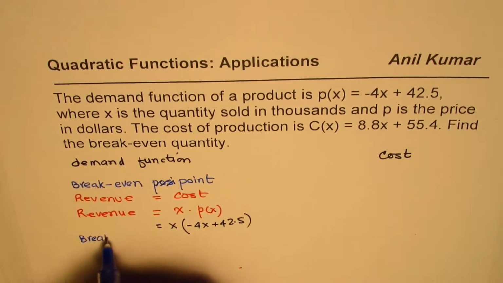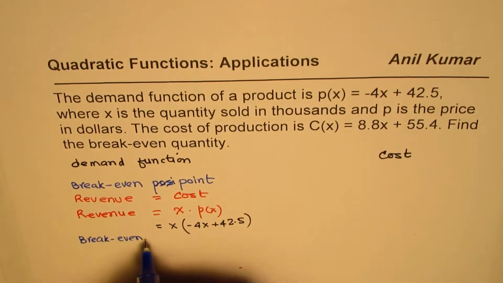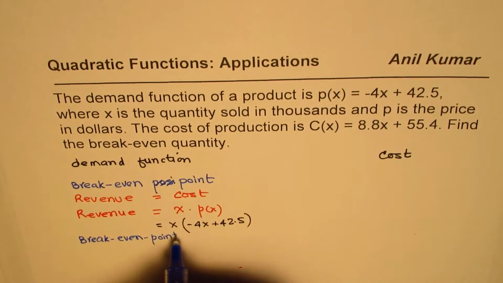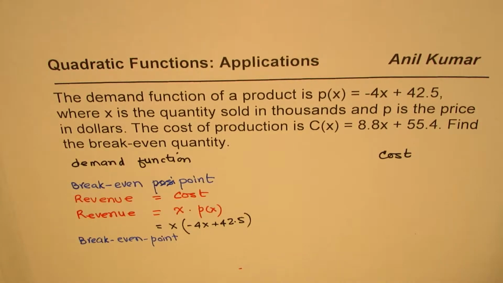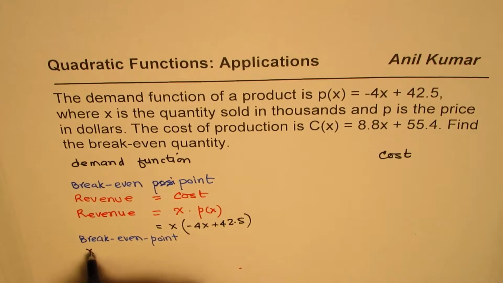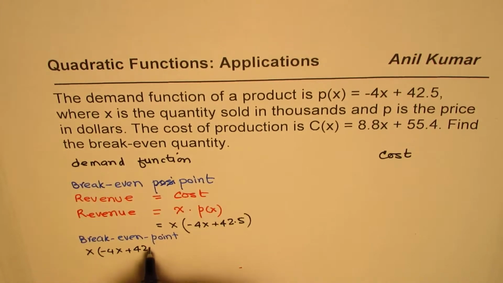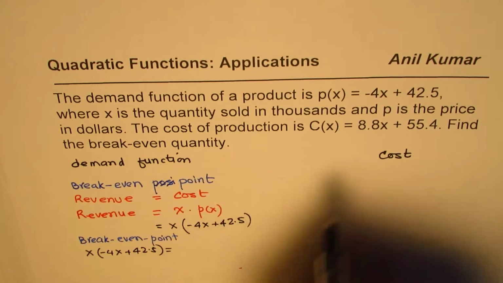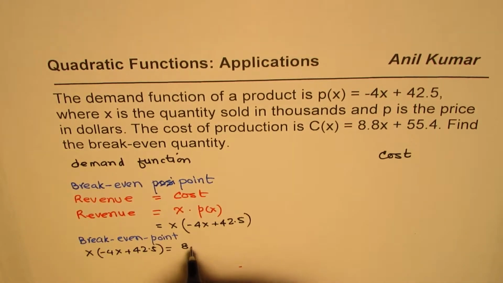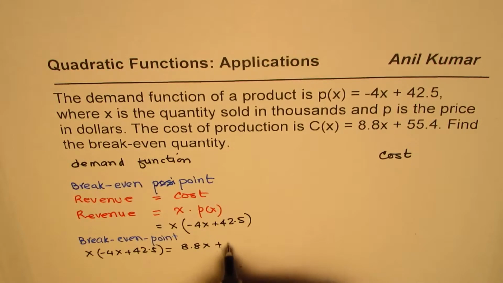So for the break-even point, the cost and revenue should be the same, right? So we have the revenue as x times minus 4x plus 42.5. That should be equal to the cost, which is 8.8x plus 55.4, correct?